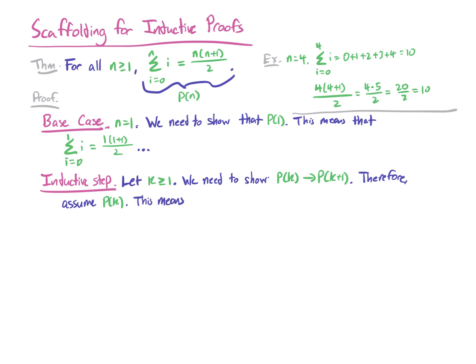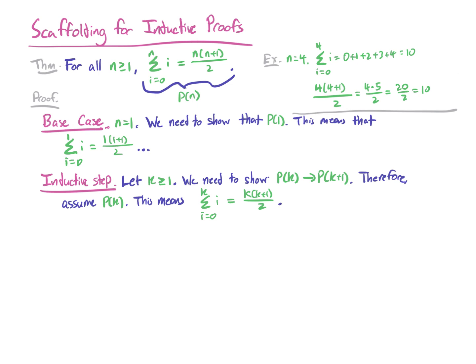Now that I've made my assumption, I'm doing my direct proof kind of approach. I'm making my assumption that P of k is true. What I need to do now is apply my definitions, in this case my definition of my predicate P of n. So I need to plug in k every time I see n, and therefore this means that the sum from i equals 0 up until k of the sequence i equals k times (k plus 1) over 2.